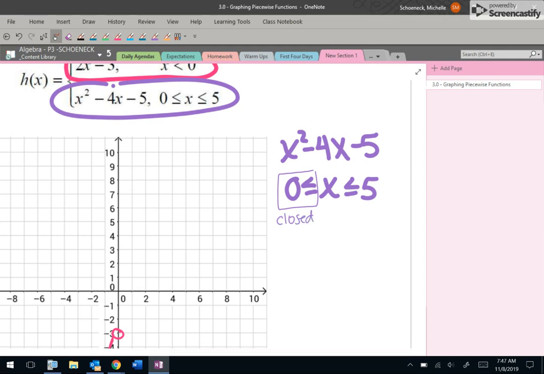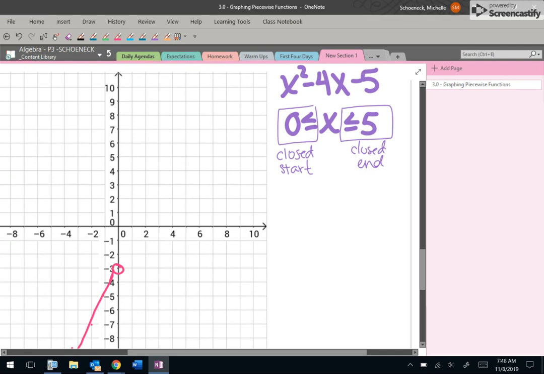And this one is the first number. It comes before the x in the interval. So this is our start for the table, for the interval. The end one is also going to be a closed circle, and we're going to end at 5. So this one does not go on forever.